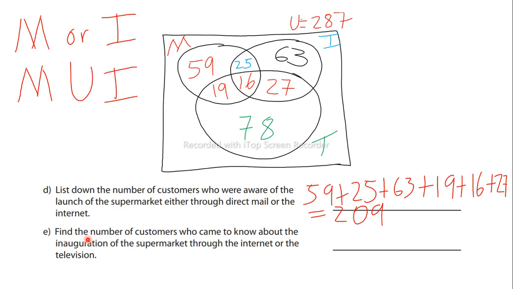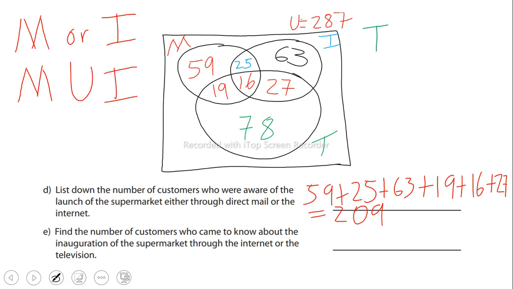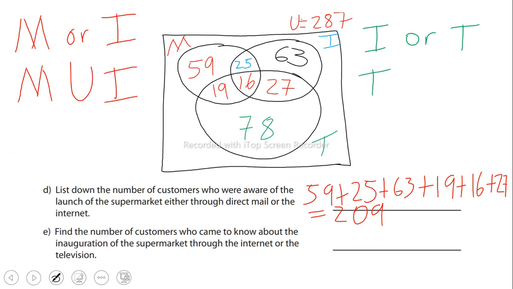Okay, so find the number of customers who came to know about the inauguration of the supermarket through the internet or television. So here we want the ones that received it through the internet or the television. What does or mean? Union. So I union T, the internet or television.